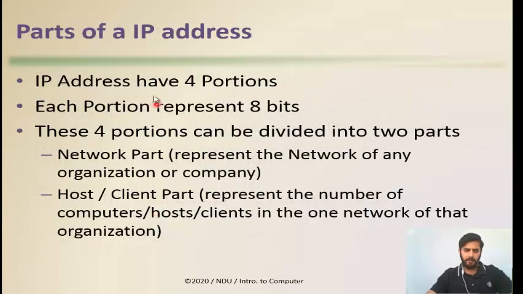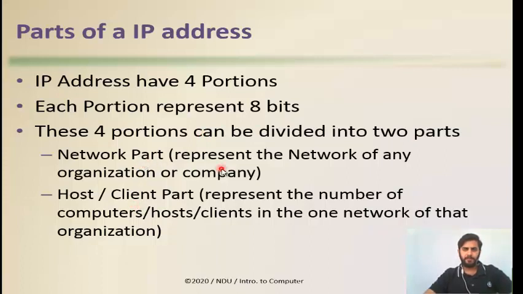So an IP address is decomposed into 4 portions, and each portion is represented with the help of 8 bits, and the 4 portions can be further divided into 2 categories. We have basically a network portion and a host portion. A network portion represents a network.